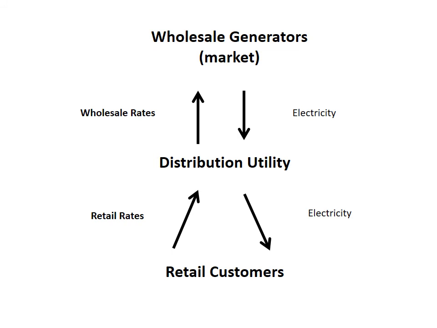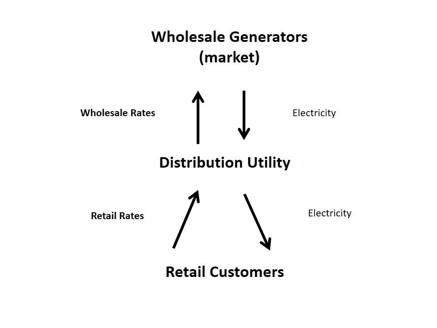So the electricity is the same, right? The electricity is flowing from generators to retail distribution companies to customers. But distribution companies are paying wholesale electricity prices for the electricity on the market, and they're charging us retail rates. In retail rates are included the wholesale rate, but also the cost of maintaining transmission and distribution systems and lots of other stuff.